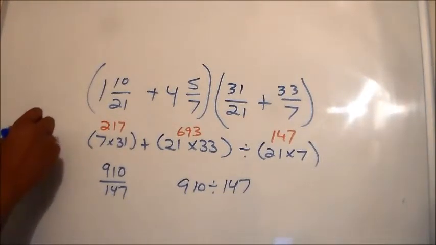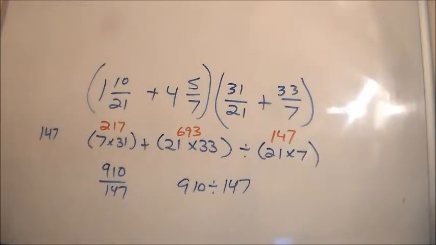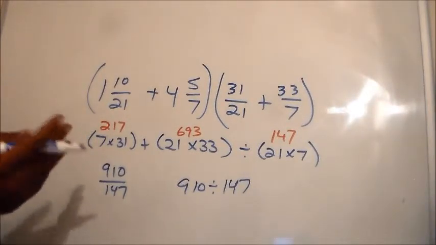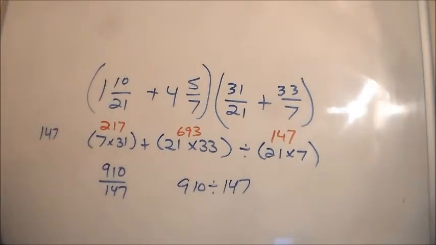We say 147 could go into 910 about 7 times. Right? Or that's not right, let's back up a little bit.